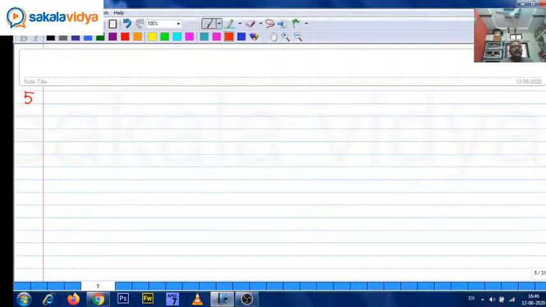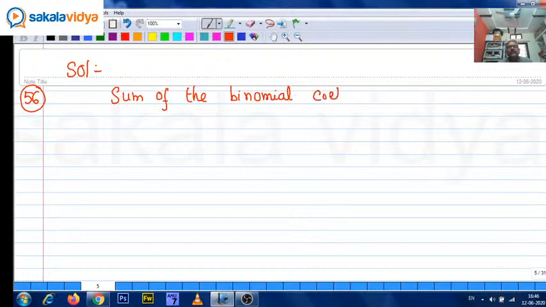56 solution. See, sum of the binomial coefficients of (2x upon 3 plus 3 upon 2nx square) raised to n equal to 64.